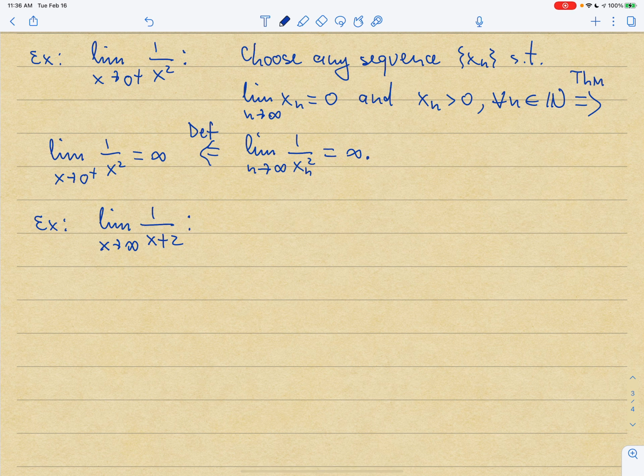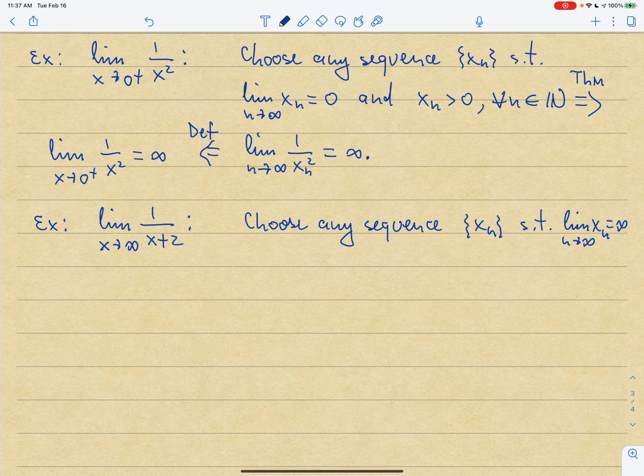Now, what is that? So in this case, what is my set S? I consider x going to infinity, so I should be able to select sequences that go to infinity. So I'm going to choose any sequence xn such that the limit as n goes to infinity of xn is equal to plus infinity, right?